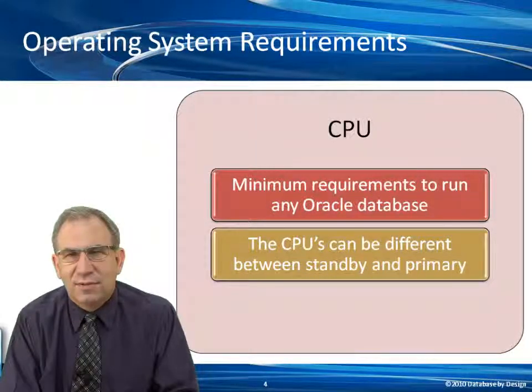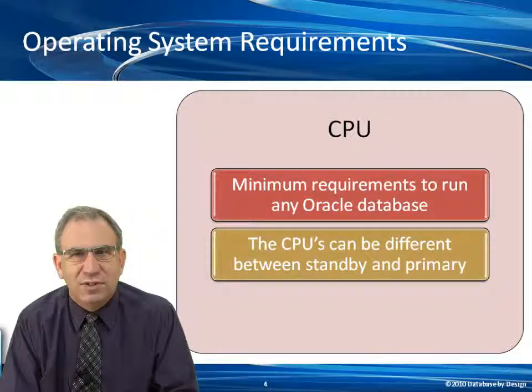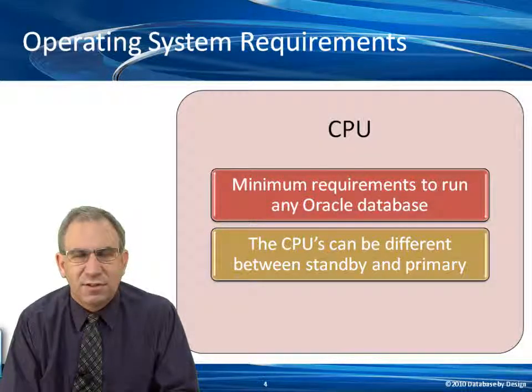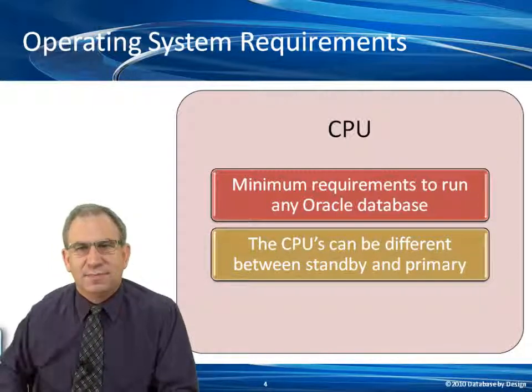And this is exactly what I was saying, is the CPUs in and of themselves can be different between the standby and the primary. So you can have one CPU that's going to be substantially faster than the other, or one can be a 4-way box and the other one can be an 8-way box. It doesn't matter. They just have to be the same base operating system.